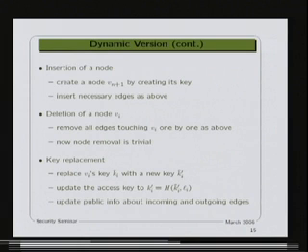Then we compute the encryption key for that class, which is the hash function of the secret key and the label associated with that class. And since this key is modified, we also update public information about incoming and outgoing edges for that node, because they're a function of the secret key.